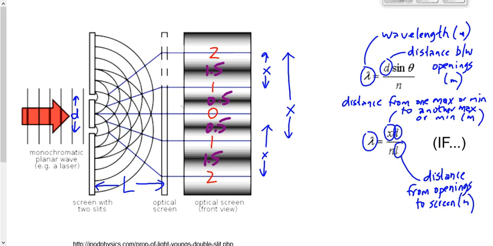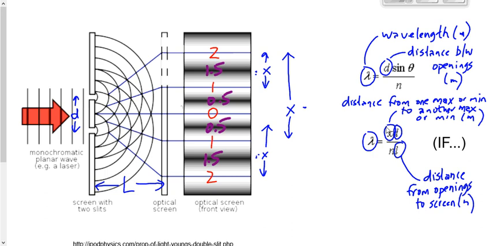Now, how is it that 3 people can have 3 different values of X? Okay, let's say Austin has one value of X, Cameron has another value of X, and Benton has another value of X. But yet they all get the same right answer.